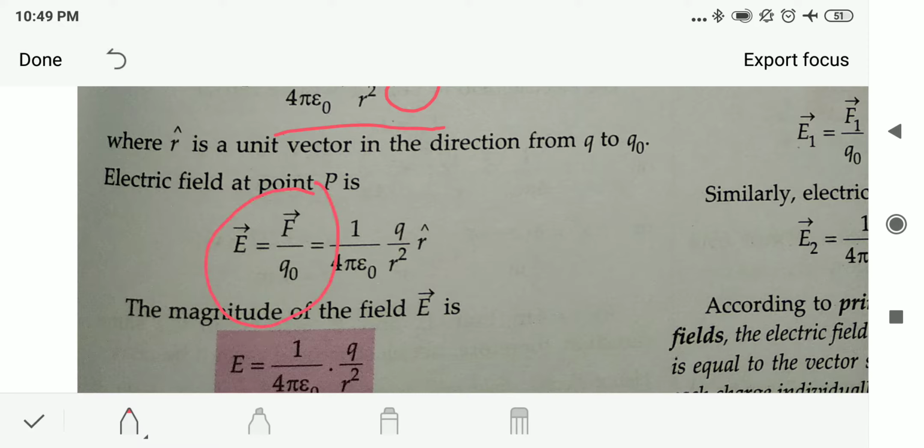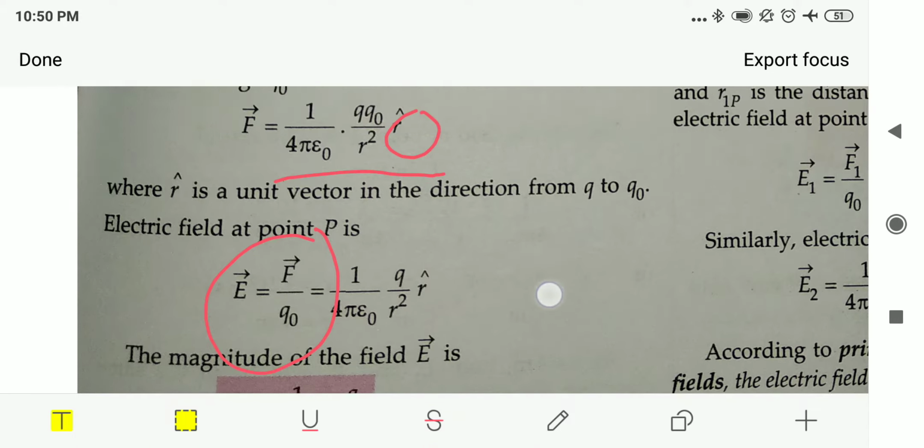If we want to find the electric field intensity at any point due to a source charge, we take the force on that point due to the source charge and divide it by the test charge placed at that point. So we divide the force obtained from Coulomb's law by the test charge q naught.